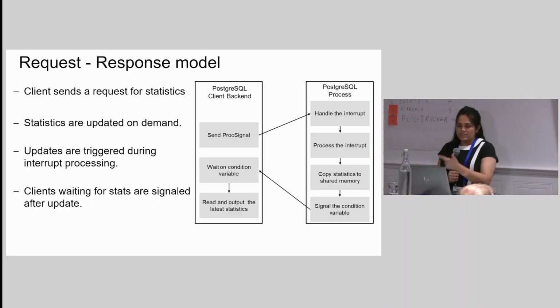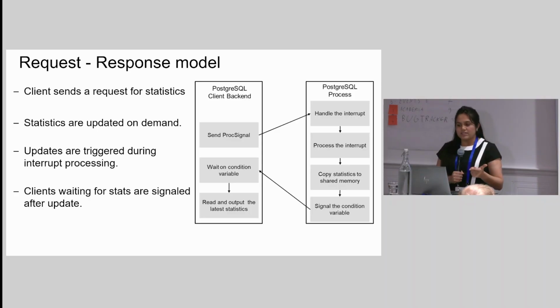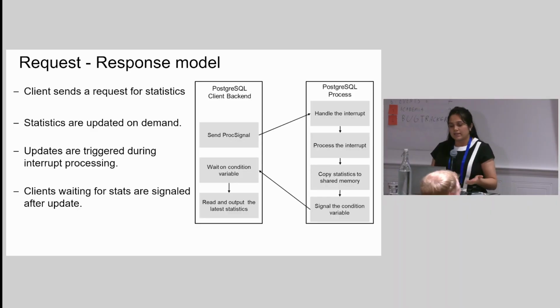Obviously, the proc signal will be sent to the process from which it wants the stats. And then on the right, you see that PostgreSQL process. It receives this signal. It sets a flag in its address space so that it knows that the signal has been received. It does not process it immediately because that can be expensive.